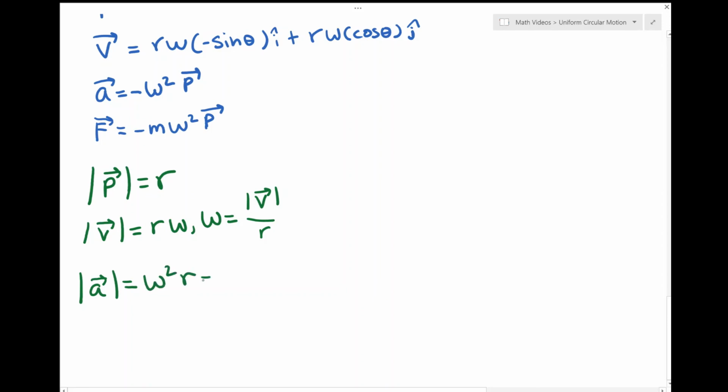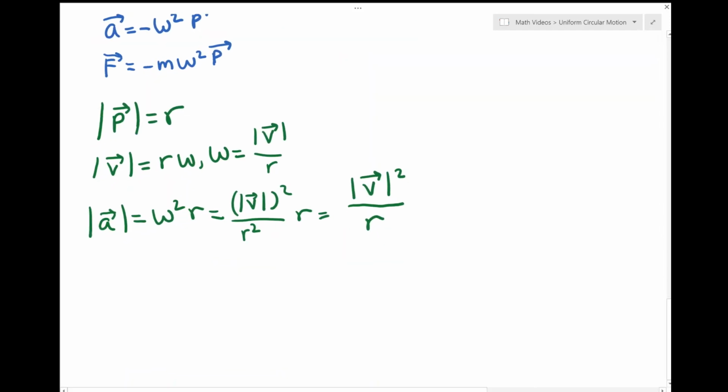And we can replace omega squared with the absolute value of velocity over r, squared, times r. And this will give us the absolute value of velocity squared over r. So now we can simplify r. And so the absolute value of the force is now equal to m times the velocity squared over r. So these are just the scalar quantities.